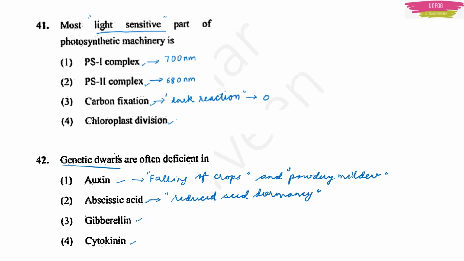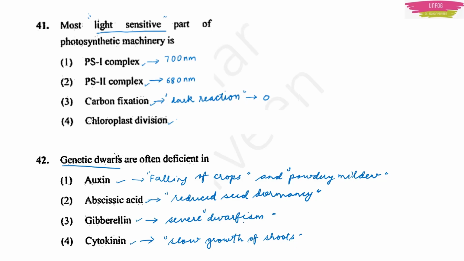Now, deficiency of gibberellins plant hormone results in severe dwarfism. And the deficiency of the plant hormone cytokinin results in the slow growth of shoots. See, there's a difference between severe dwarfism and slow growth of shoots.